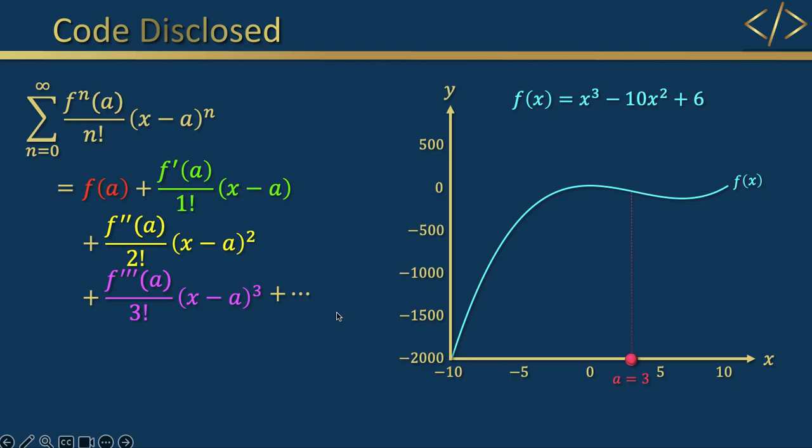Now, realistically speaking, I can't carry on with adding terms or calculating terms infinitely. I need to truncate at some point. I need to stop at some point. But if I stop, this equal sign won't be there anymore. It will be an approximation in this case.